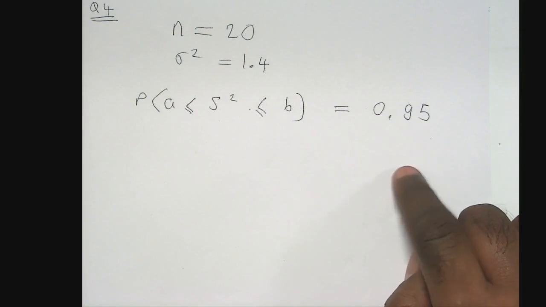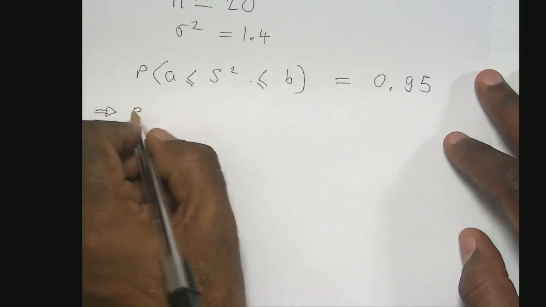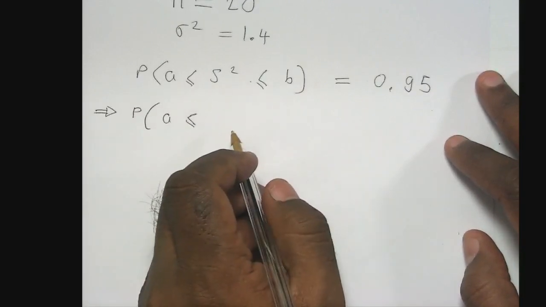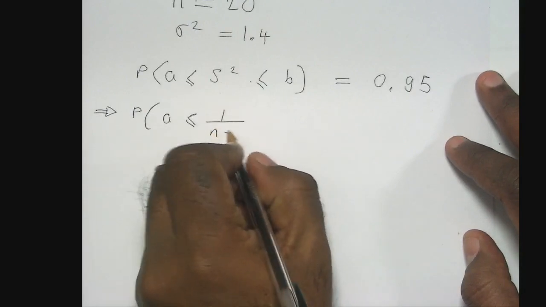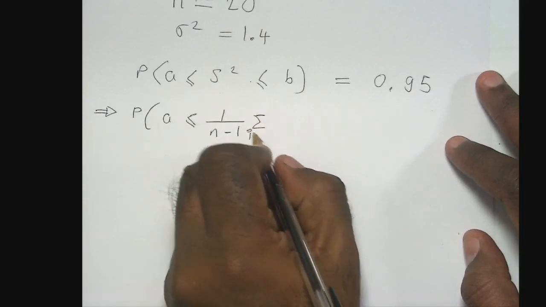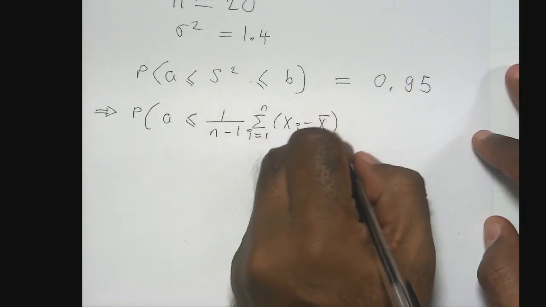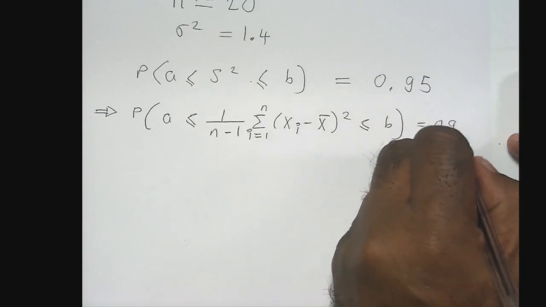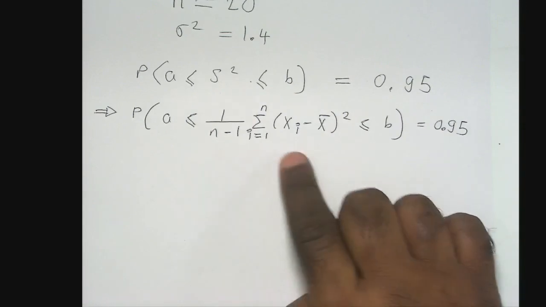Now to do this question, you need to use equation 72 in the lecture notes. What's the definition of S squared? Sample variance is equal to this. Remember, this is how we define the sample variance.